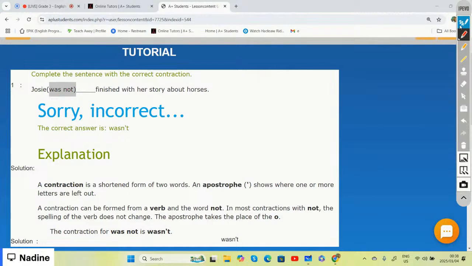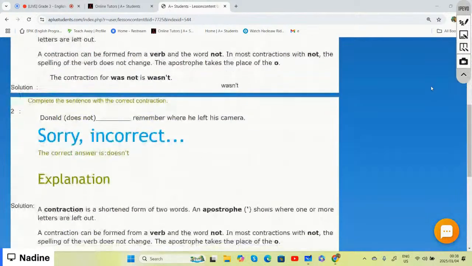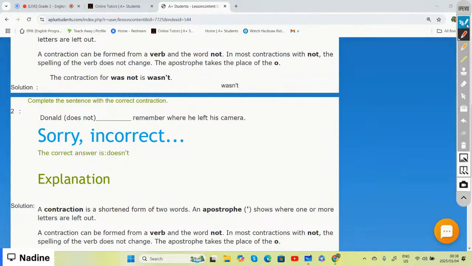All right, look at this word: does not. Donald does not remember where he left his camera. So does not. How are we going to find the contraction of the words does not?